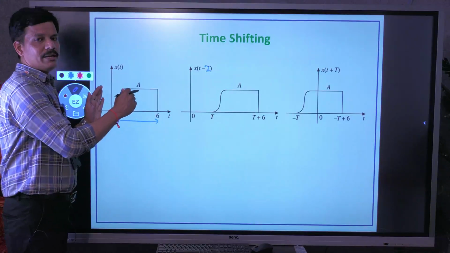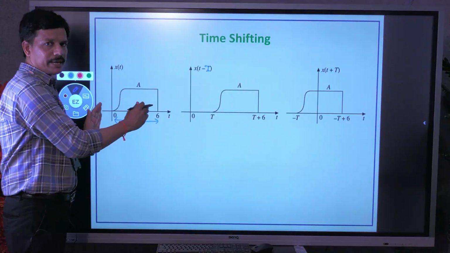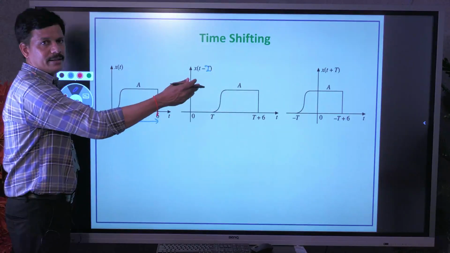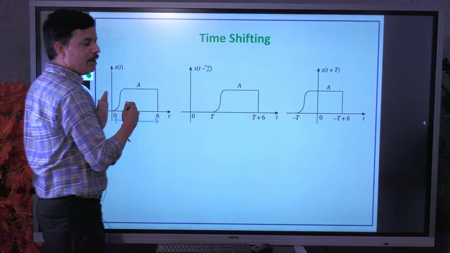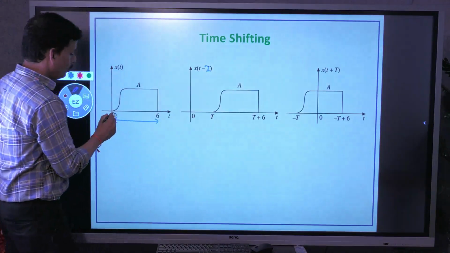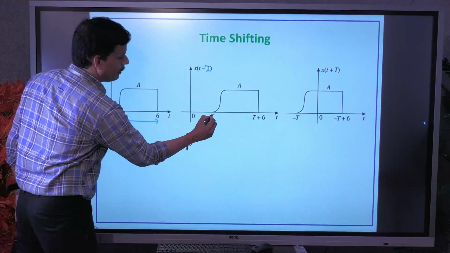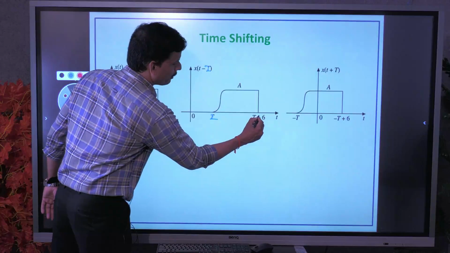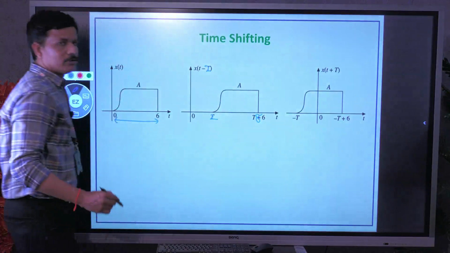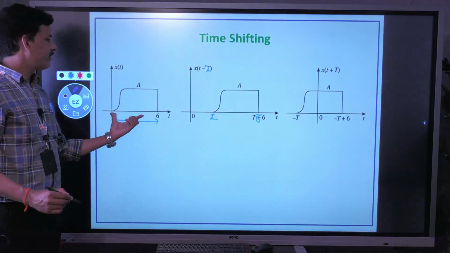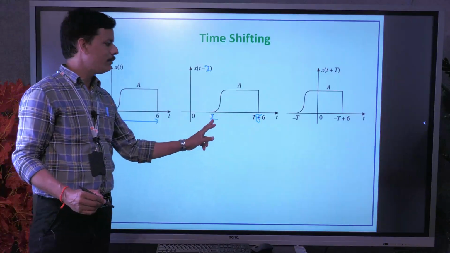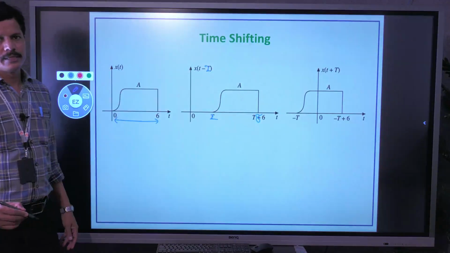For every value of time, 2 is added, and adding the value shifts it to the right. So 0 plus 2, the starting value will be 2. The last value is 6, 6 plus 2 is 8. So as the limits of x of t are 0 to 6, the limits of x of t minus 2 will be 2 to 8.